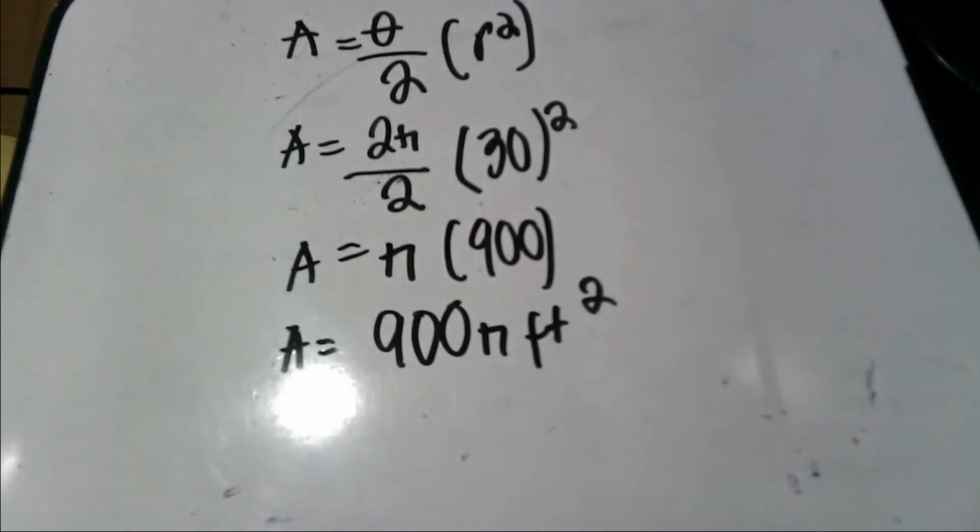But let's find the approximate number. If they're decimals, we're going to get the hundredths place only. So if we use the calculator, 900 pi is this number, but we're just going to use up to the hundredths place.